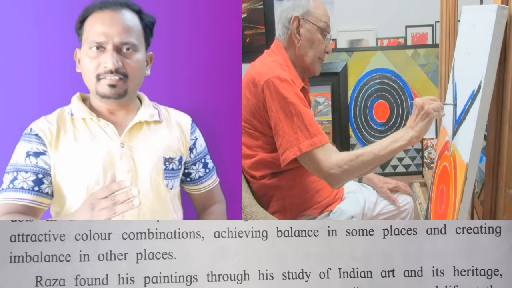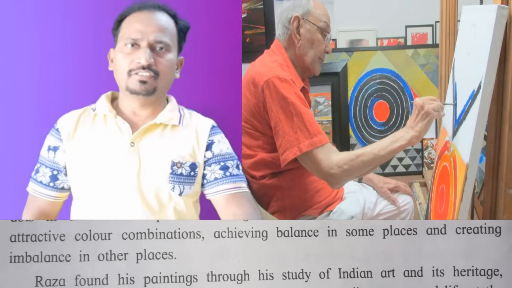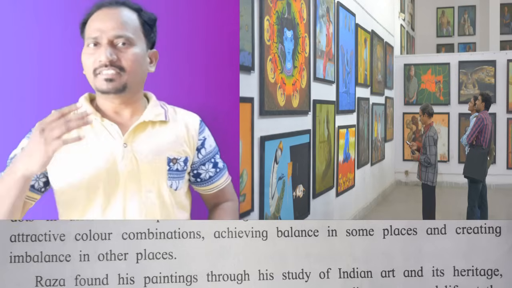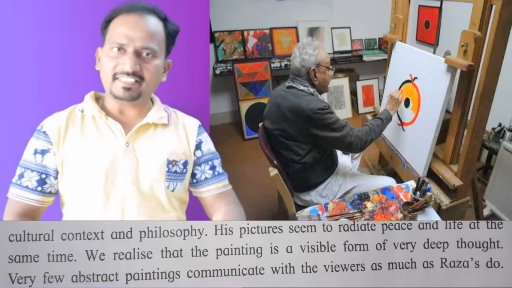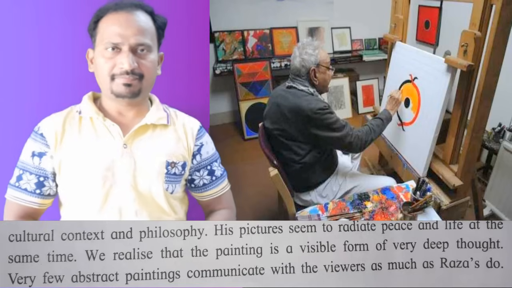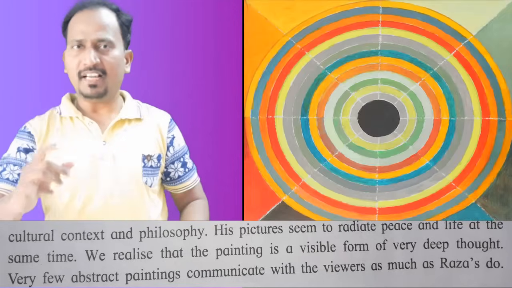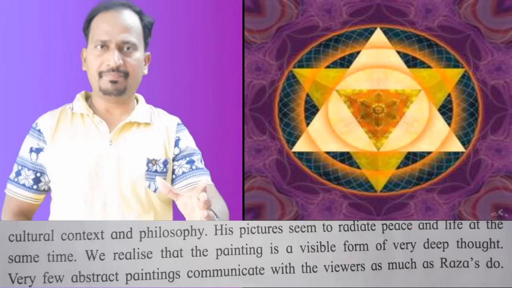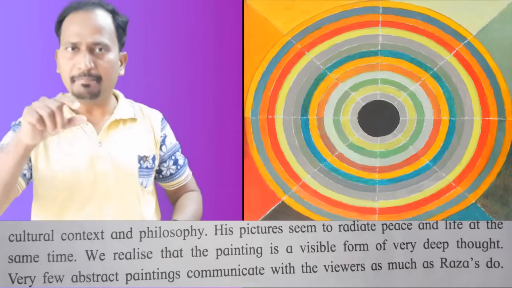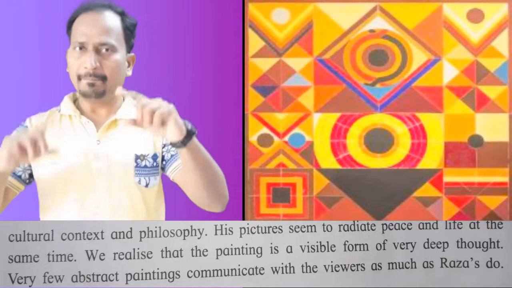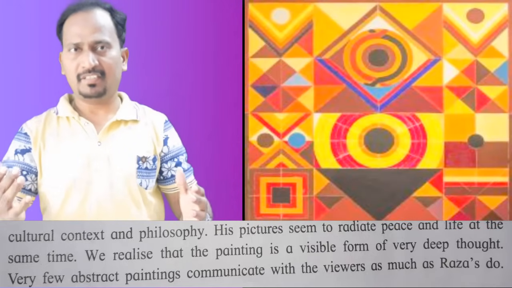Raza found his paintings through his study of Indian art and heritage, cultural context and philosophy. His pictures seem to radiate peace and life at the same time. It means in his art we can see a combination of peace and life.